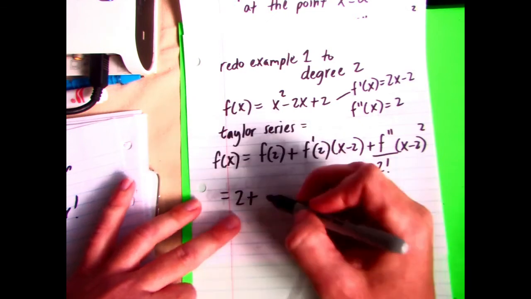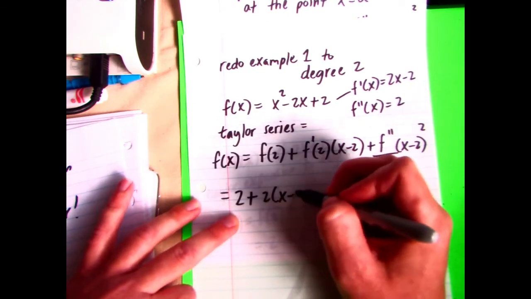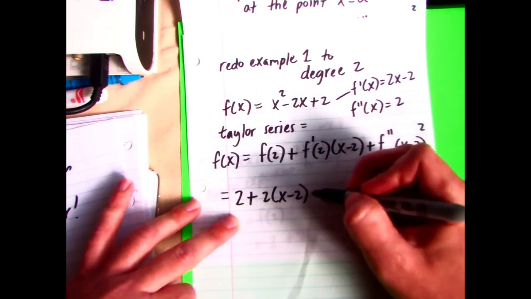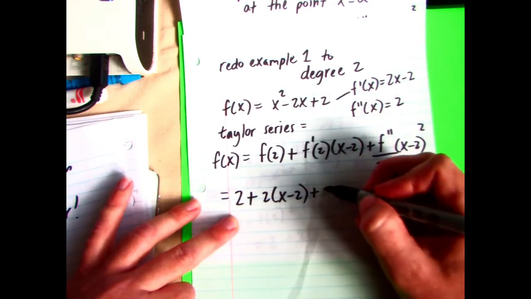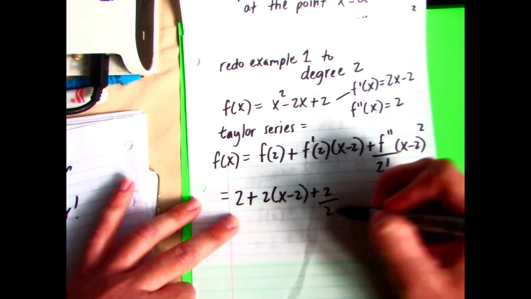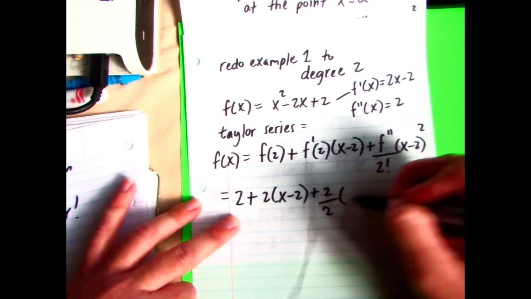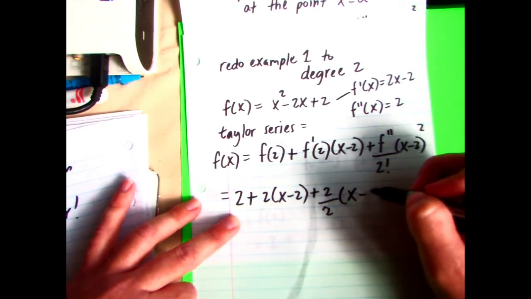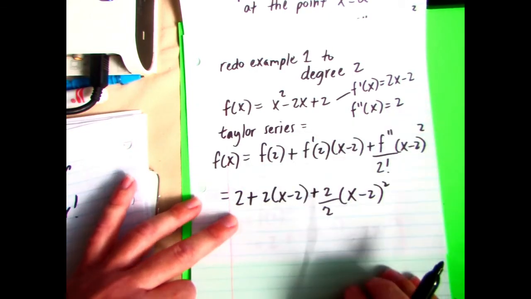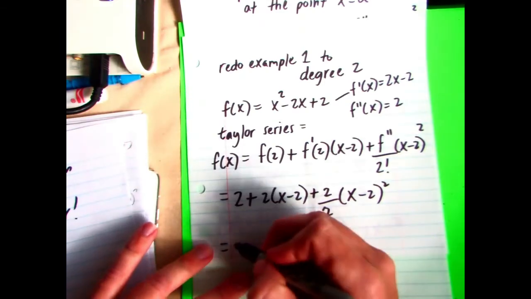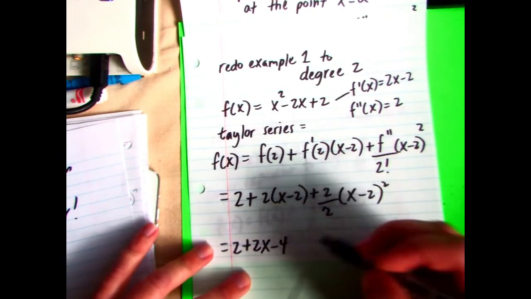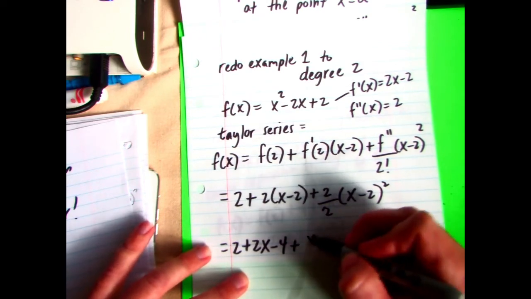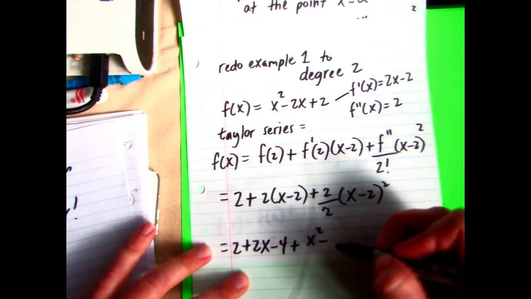So, plugging in the rest of the way, I got 2 times x minus 2 plus f double prime of 2, which is 2, all over 2, times x minus 2 squared.